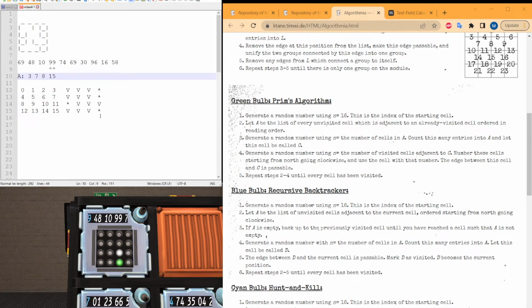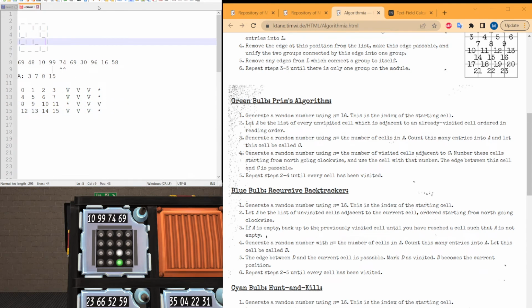3, 7, 8, 15. Okay. 99 mod 4 is 3, so taking a look at 15. 15 has 2 adjacent cells, so we're taking 74 mod 2, which is 0. This is 0, this is first, so we're removing the wall between these two.